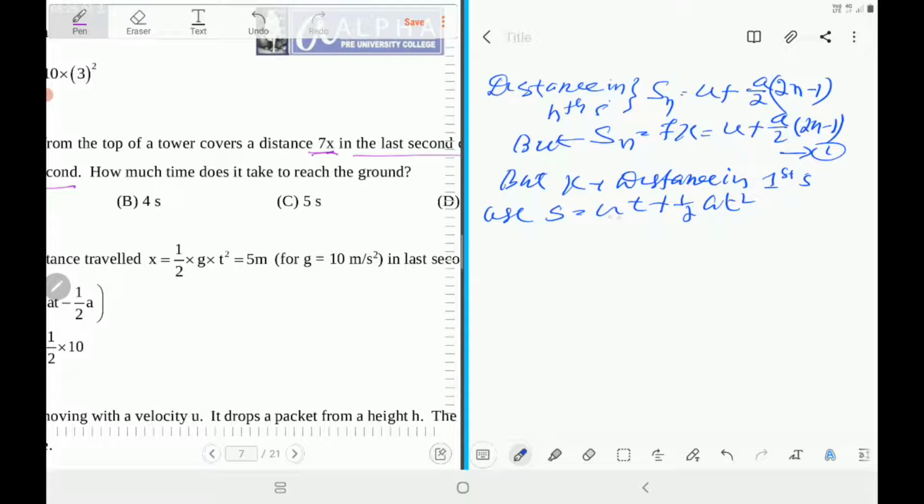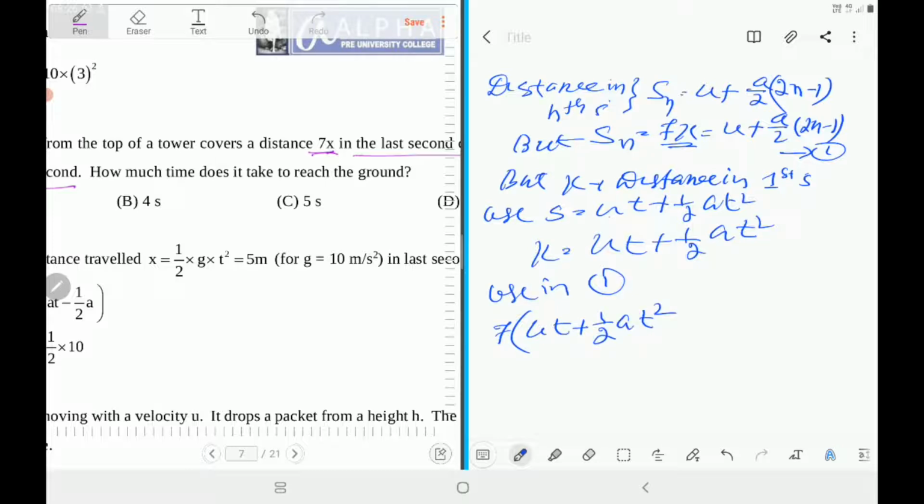u and a are the same. So x equals ut plus half at squared. Use this in 1. If you use it in 1, the left side is 7x, so 7 times (ut plus half at squared).